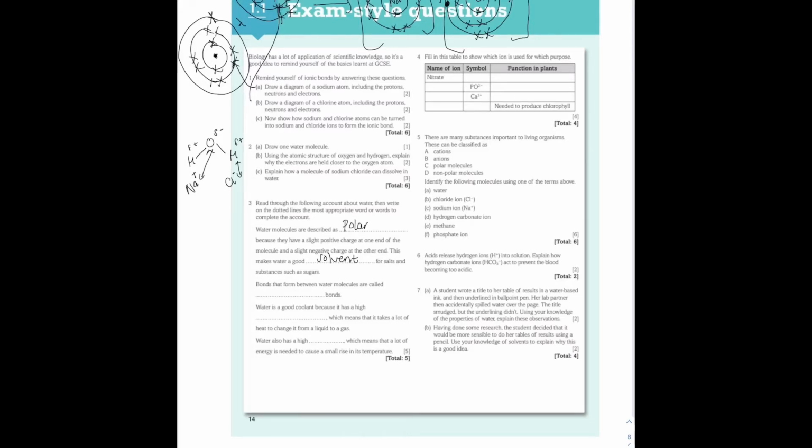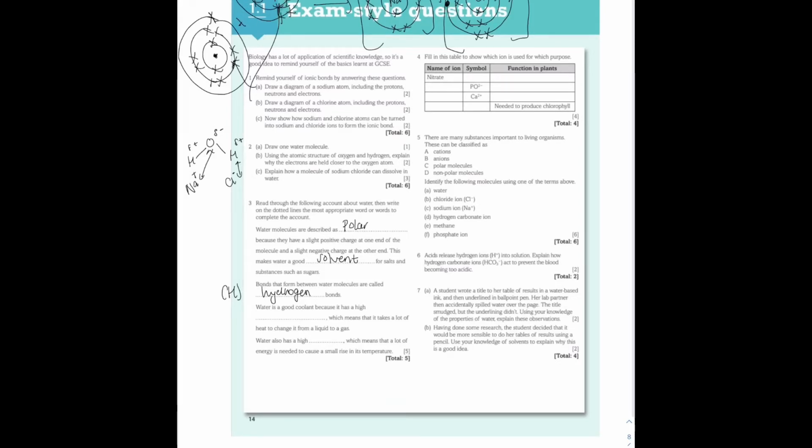Bonds that form between water molecules are called hydrogen bonds. Some people abbreviate it and just write H bonds, but writing hydrogen is the correct word, so use that instead of writing H in the exam.